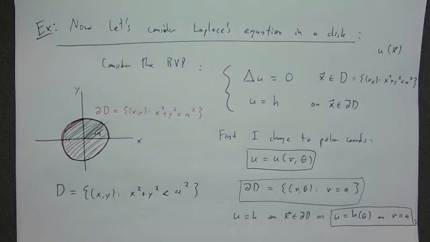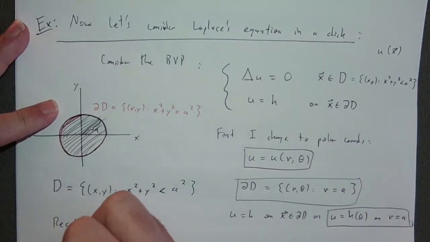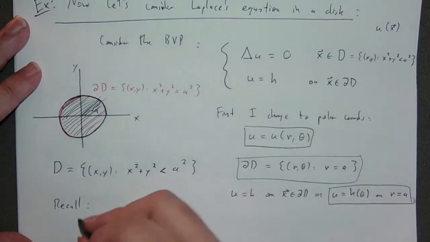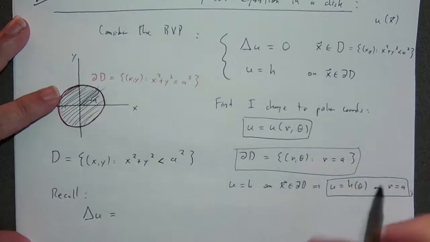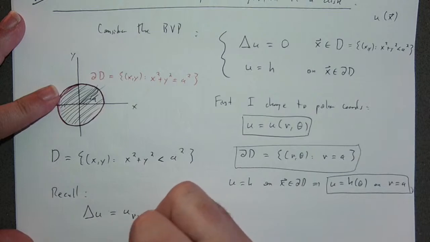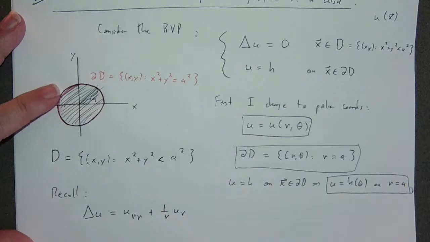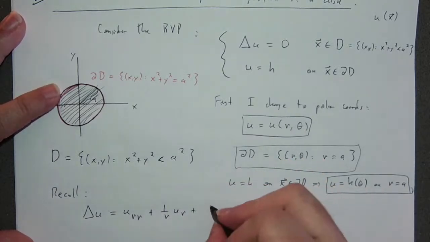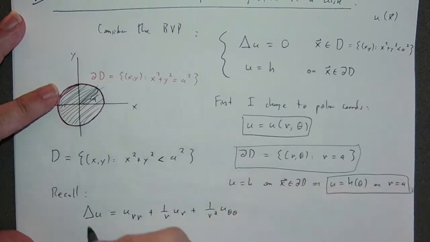All right. Now, what is the Laplacian in terms of our new coordinates? Recall, this is an exercise from the Laplace's equation chapter. The Laplacian of u in these new coordinates can be written as u sub r r plus 1 over r u sub r plus 1 over r squared u sub theta theta.